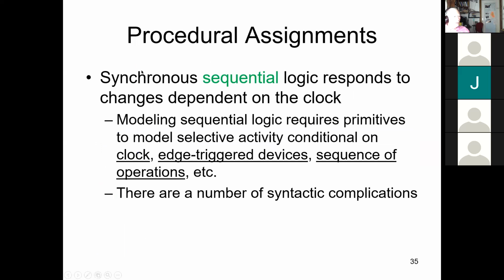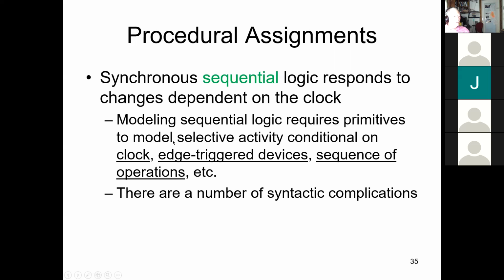Okay. So procedural assignments that appear in always blocks or initial blocks are synchronized to some other variable. Typically it's a clock. It's really rare for it to not be a clock, but you could have it synchronized to some pin or something, but typically it's going to be a clock.